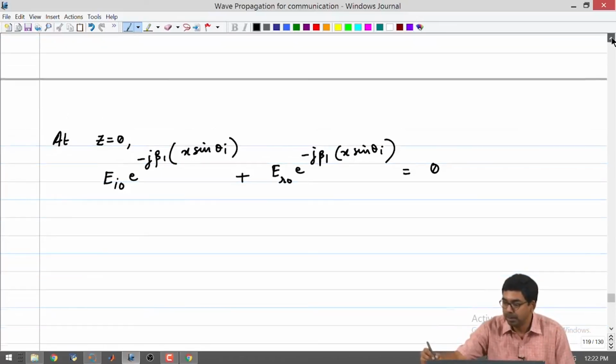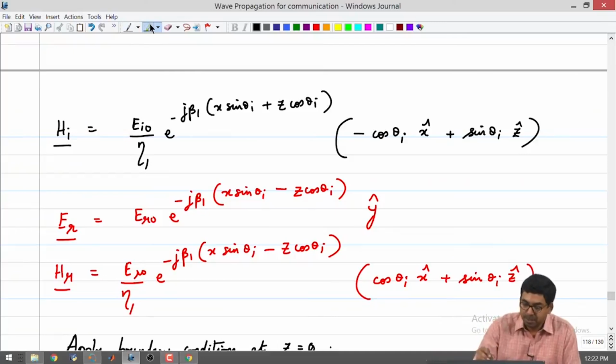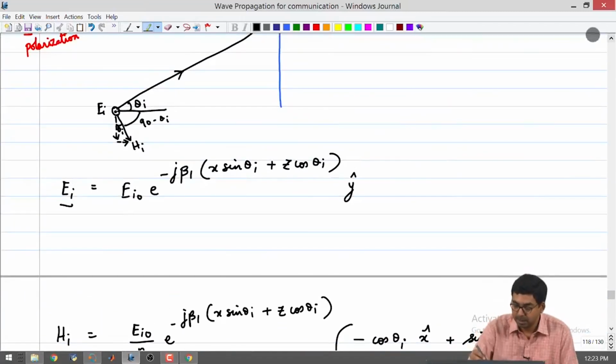So, if you go back and look at the expressions, you will substitute z equal to 0, gets rid of this, only this part remains, and same way for the incident electric field, this part becomes 0 and this is what remains.